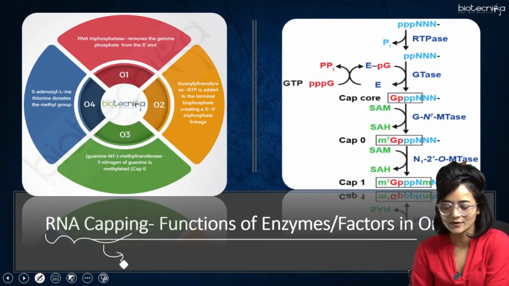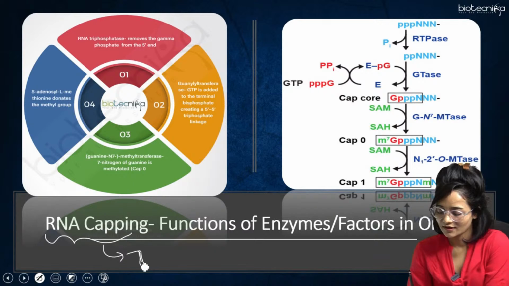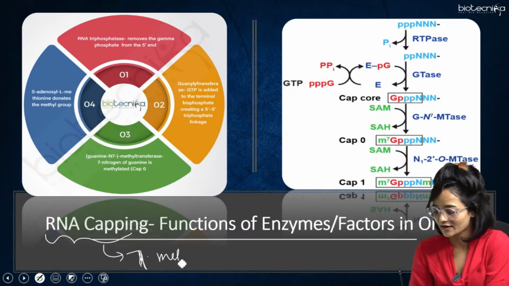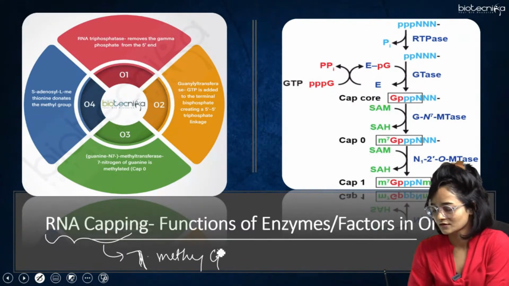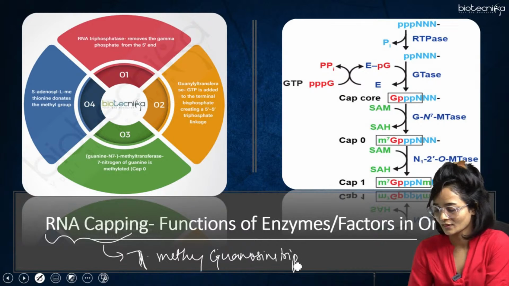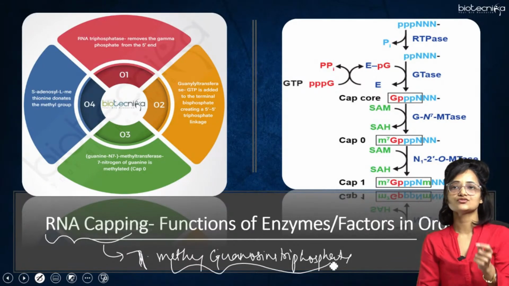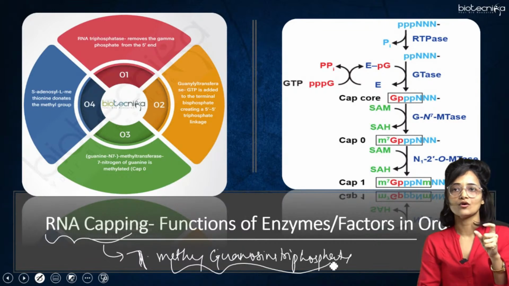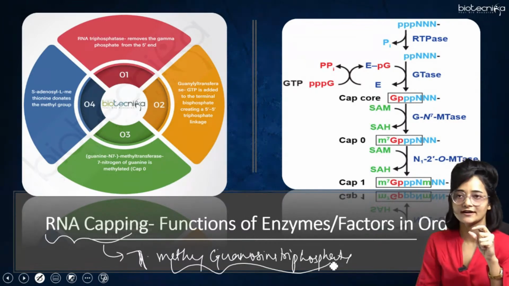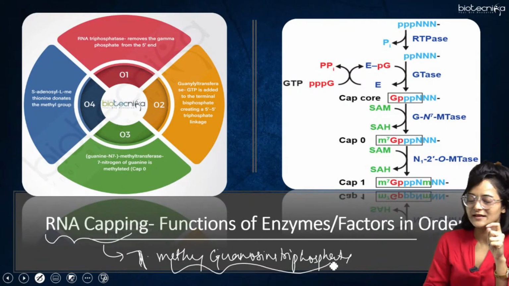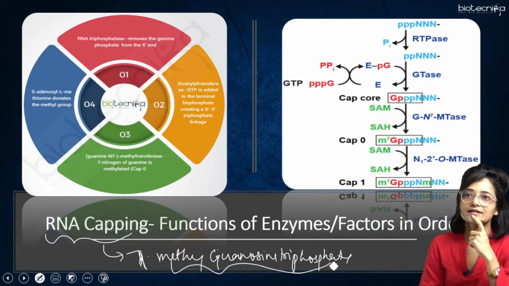In RNA capping, what basically happens is addition of 7-methyl guanosine triphosphate at the 5' carbon of the first nucleotide of the mRNA, right?